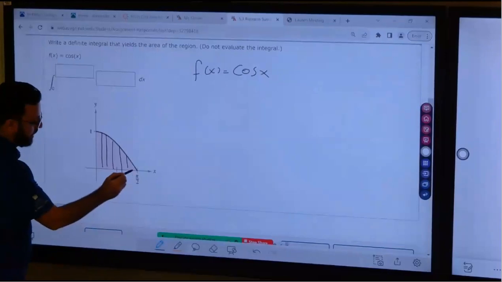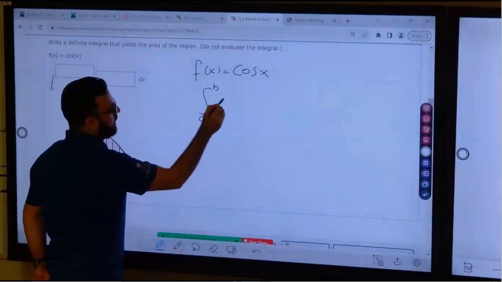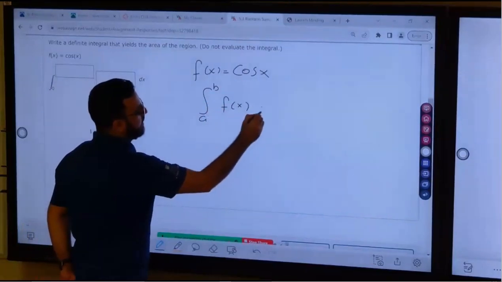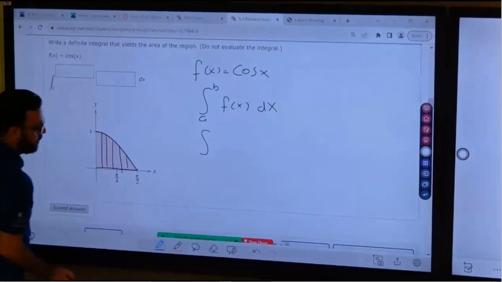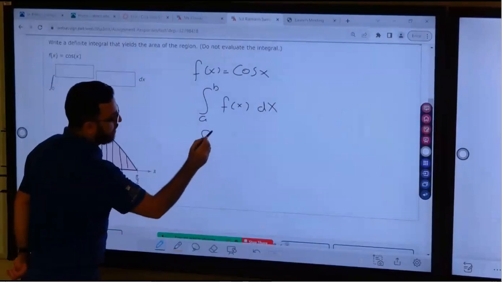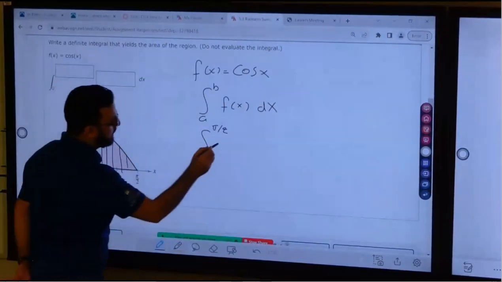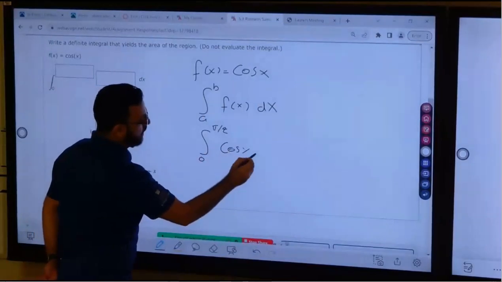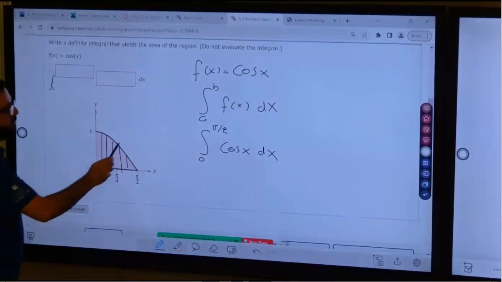That means with respect to the x coordinate. So the integral from a to b with respect to dx. That means the integral from which point? From 0 to pi over 2. And our function is cosine x dx. That's it. That's our definite integral.